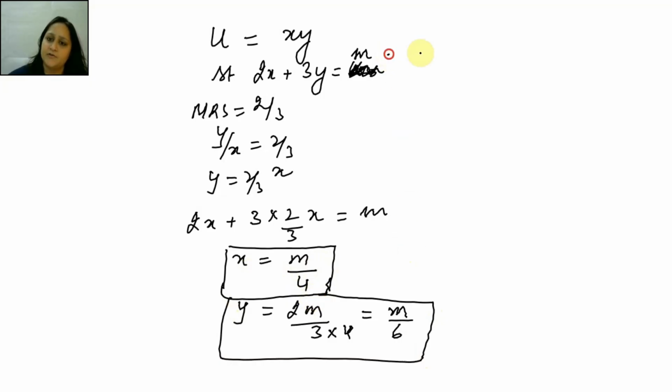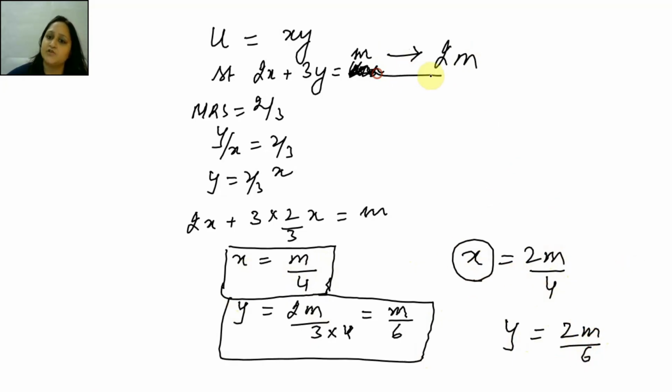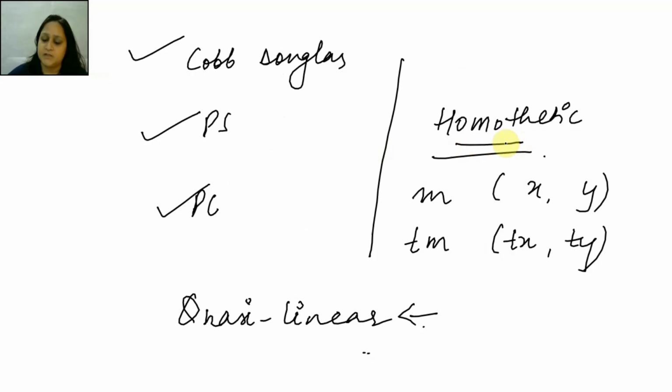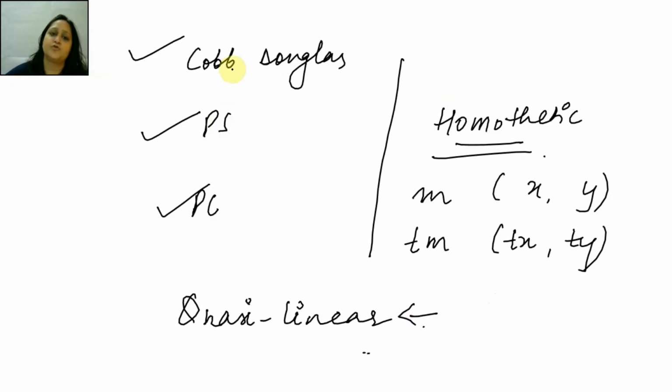So if today instead of M I say my income is 2M, then x becomes 2M by 4 and y becomes 2M by 6 and so on and so forth, which means कि जिस proportion में मेरा M change हो रहा है उसी proportion में मेरा x and y भी change हो रहा है, which is what we spoke about homotheticity. Homotheticity means कि जिस proportion में हमारा income change होता है उसी proportion में हमारा consumption भी change होता है. This is true for Cobb-Douglas.